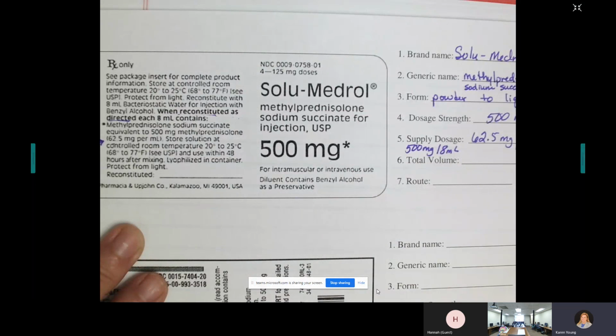Now, what's my total volume, do you think? Once it's reconstituted, what do you think my total volume is? Got a wild guess? 500 milligrams. Okay, that's the total weight of the medication, but what about the total volume of liquid?